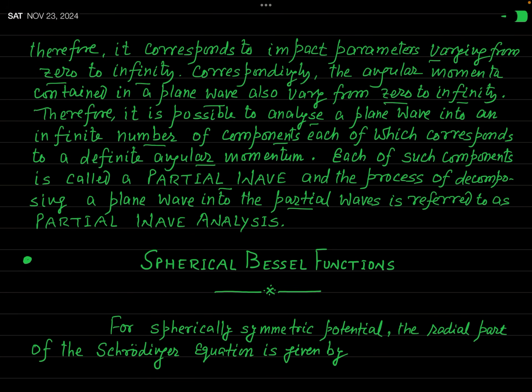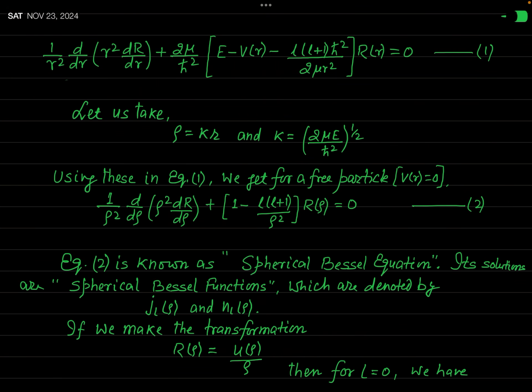Now when you talk about the spherical Bessel functions, the idea of this function in terms of quantum mechanics can be found in the radial part of the Schrodinger equation, when this equation is written for a central potential. Okay, and I hope you can definitely remember that expression. So I have written here in equation 1 the radial part of the Schrodinger equation, only the radial part.